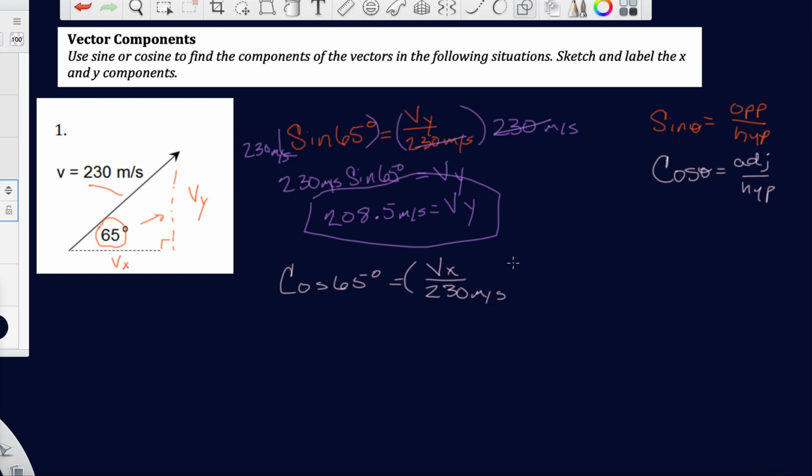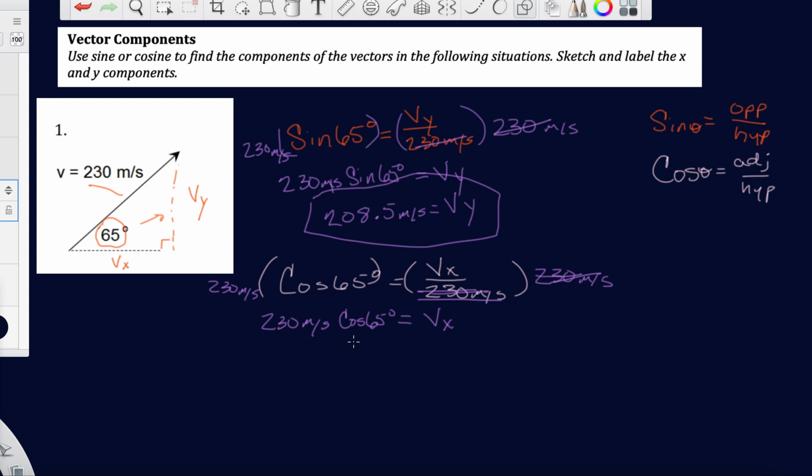And just like before, we're going to multiply by 230 meters a second. And what we'll end up with is 230 meters a second times cosine 65 is equal to our x component of our velocity, because that goes away and that goes away, right?